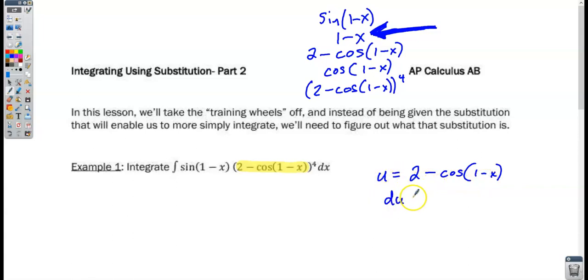I take the derivative of this. The derivative of 2 minus cosine of 1 minus x: the derivative of cosine is negative sine. So I'm taking the opposite of negative sine of the quantity 1 minus x, and then applying the chain rule, times the derivative of the inside. The derivative of 1 minus x is negative dx.